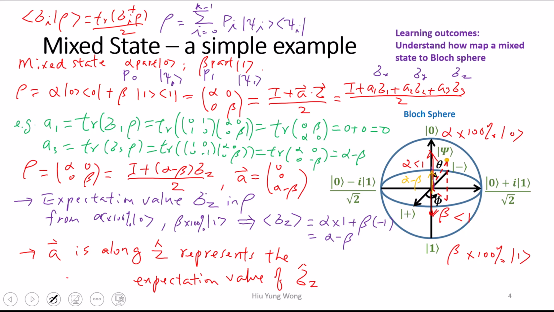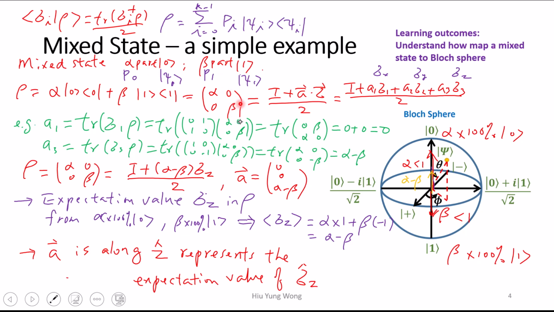So in this simple example, we already know that for a pure state, the Bloch vector will have a length of 1, and it is on the Bloch sphere. The Bloch vector is pointing at the pure state. But how about a mixed state? Now we take this simple example, which is just a mix of 0 and 1, and they each have a weight.